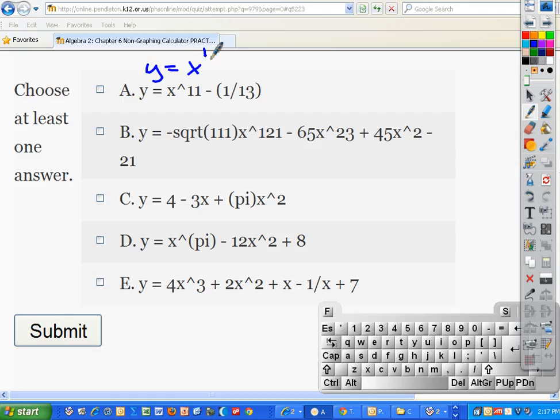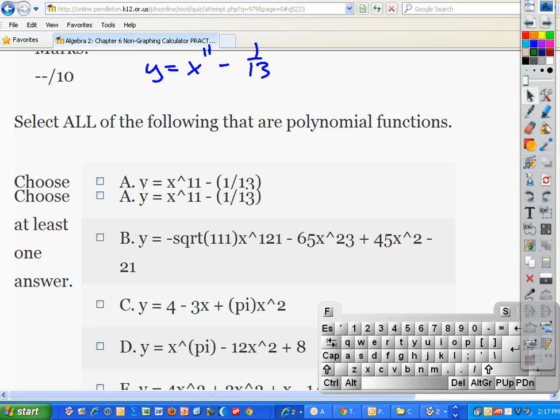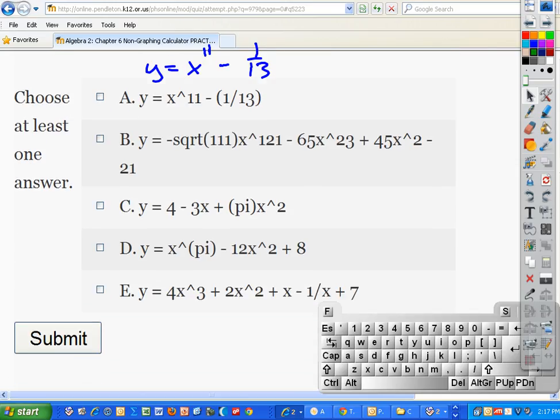So the directions want us to select all of the following that are polynomial functions, right? So if I rewrite the first one, it looks like that. Now, is that a polynomial? Yeah, it is. What are the two criteria for polynomials? The exponent has to be what kind of number? Whole number.